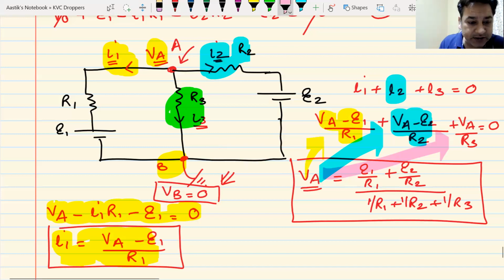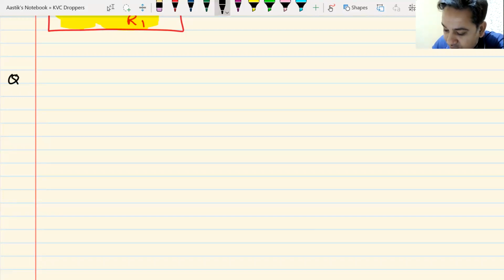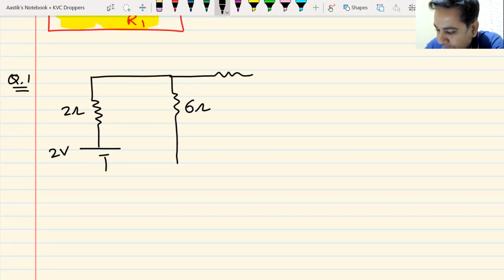Okay. Now I'll give you a numerical problem in terms of solving, and I hope that you can give me the answer in a flash. So this is 2 ohms, this is 2 volt, this is 6 ohms, this is 3 ohm.